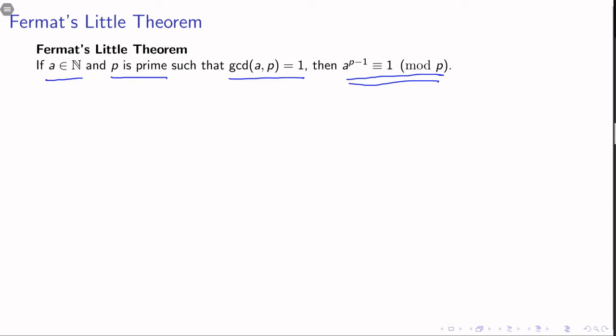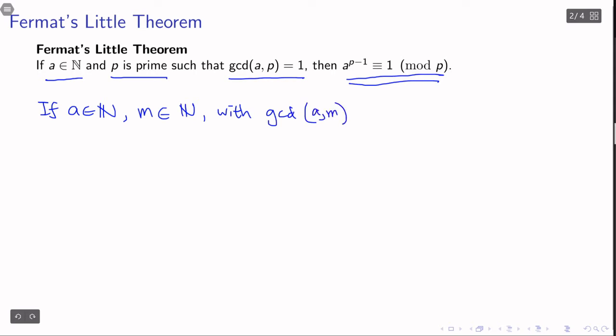In other words, if we have a natural number A and a natural number M such that they're co-prime, and if that congruence up there did not hold, so A raised to M minus 1 is not congruent to 1 mod M, then we can conclude here that M is not prime.